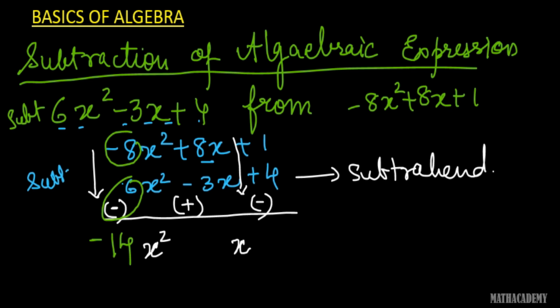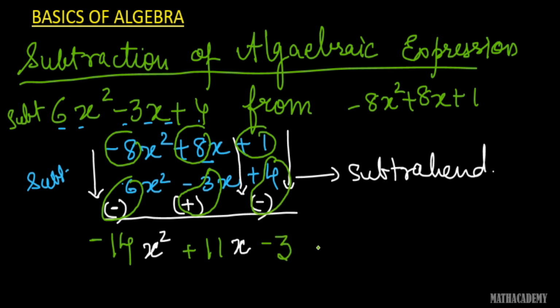Now 8 plus 8 and plus 3. We will consider the sign which we have changed. So plus 8 and plus 3 gives you plus 11. Let us move to the third column, which is simply 1, and 1 will be added to not plus 4 but minus 4. So it is plus 1 and minus 4, which gives you minus 3.